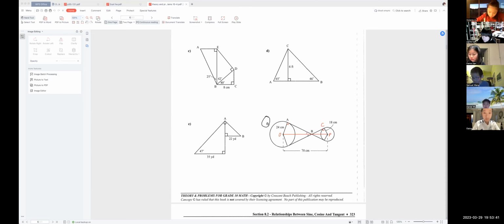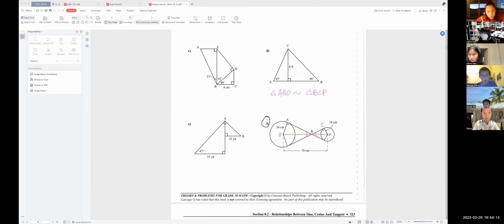So this angle and this angle are equal together, and this angle equals this angle, and this angle also equals this angle. So these four angles are all equal to each other. Now let me ask you a question: are triangle ABO and triangle BCP similar to each other?